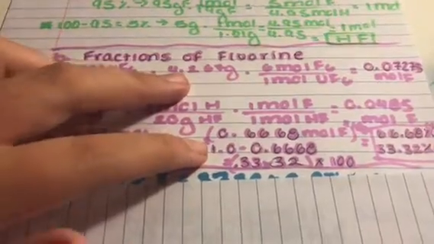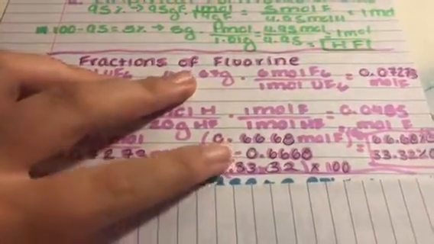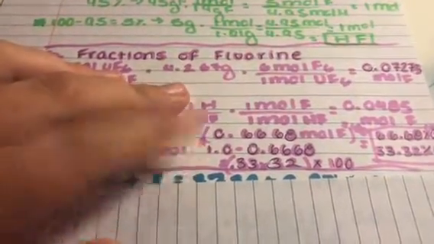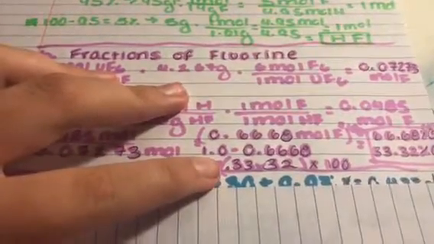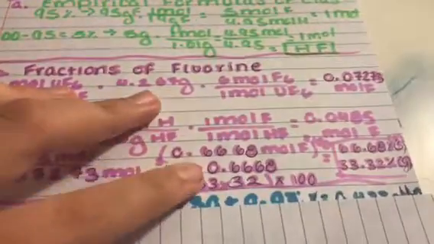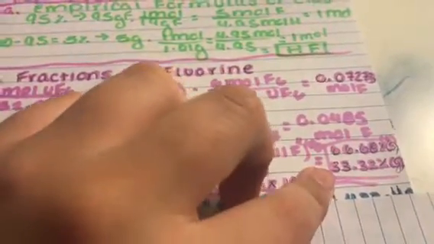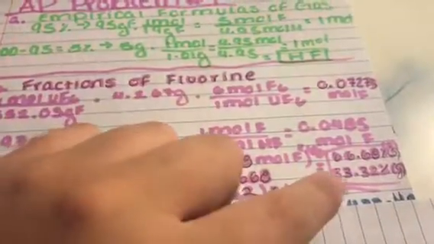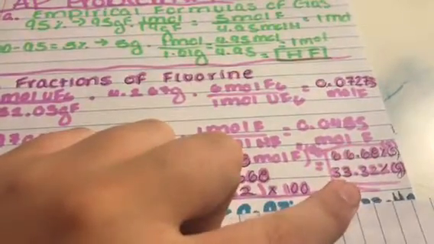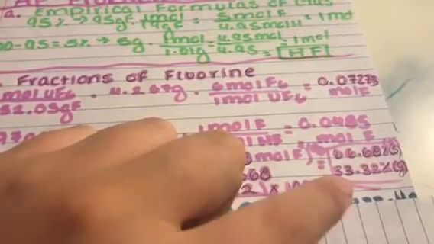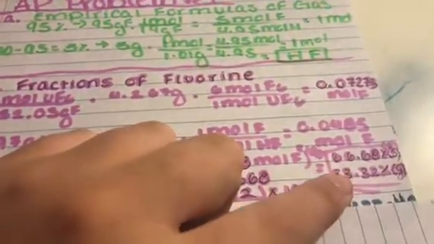So if we subtract 0.6668 from 1, we get 0.3332. We also multiply that by 100 to get a percent, and that is 33.32%, the percent of fluorine in the solid compound.